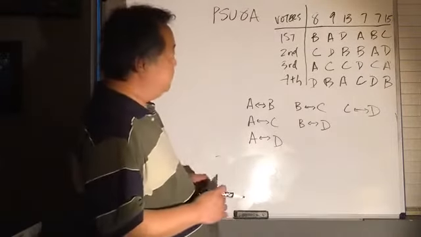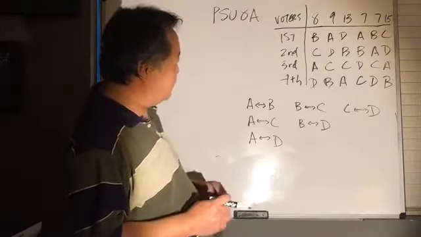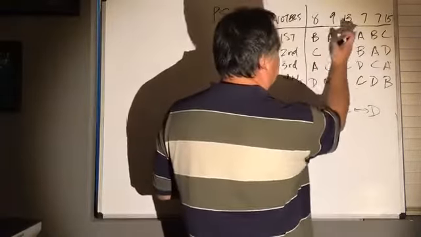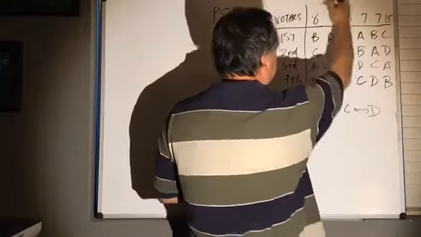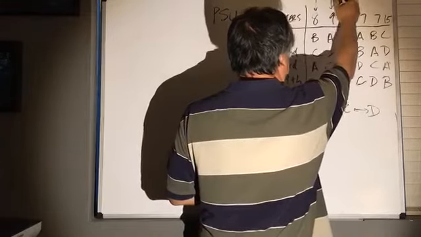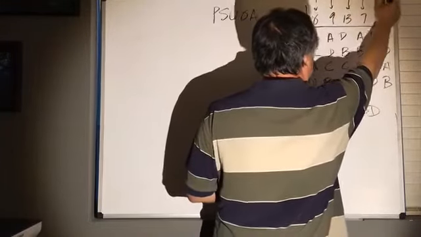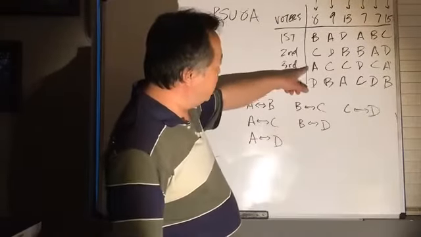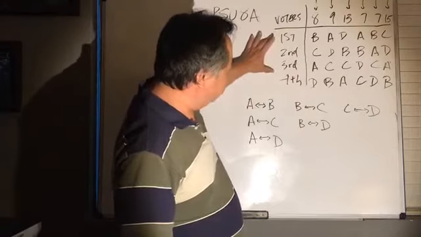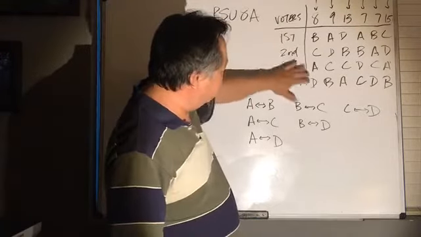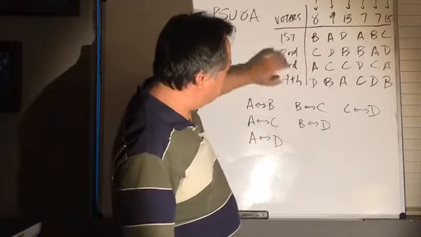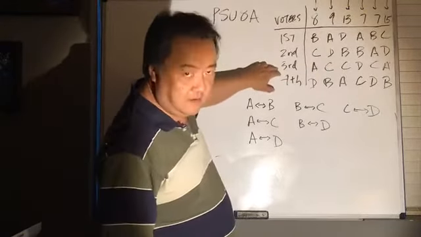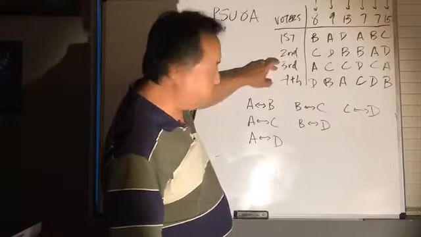So this is how it goes. Let's say I'm doing A versus B. Okay? So for each of these columns, I'm going to see which one is ranked higher. So for the first 8 votes, B beats A, because B is first, A is third.